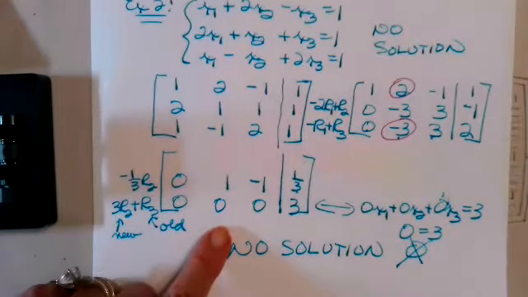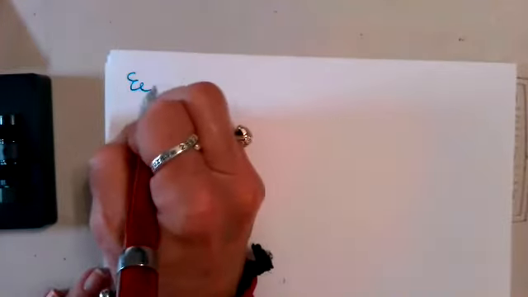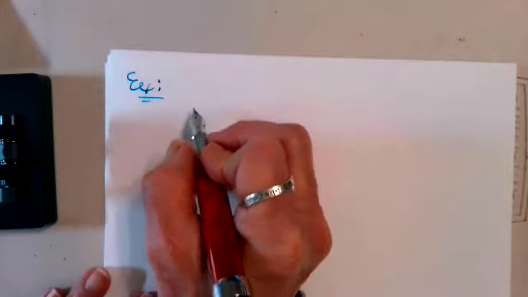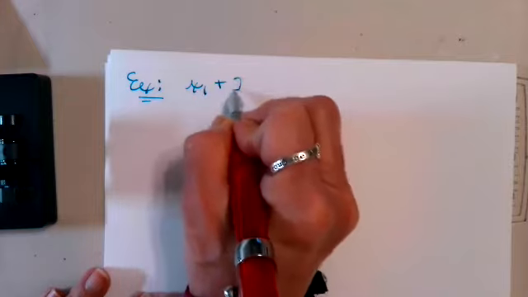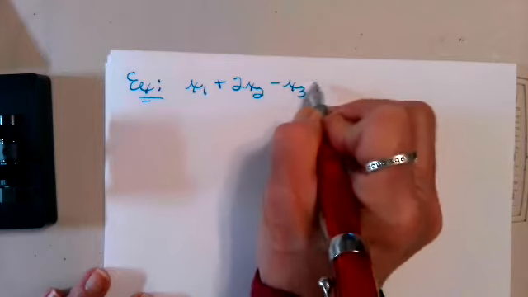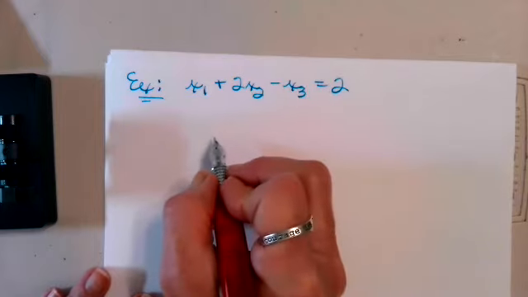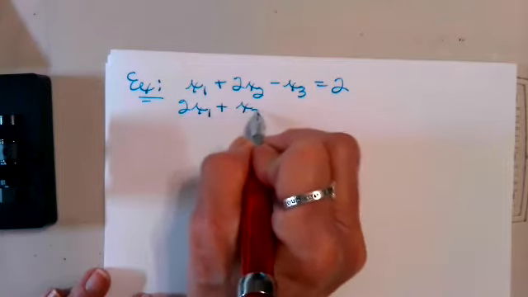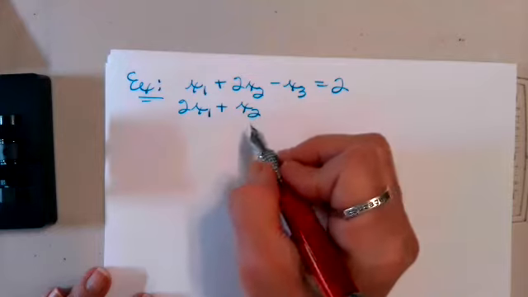Let's do one more example where you see something almost like this, but a little bit different. And then I'll explain what that means. So the third example I'm going to do here is x1 plus 2x2 minus x3 equals 2. 2x1 plus x2 plus x3 equals 1.